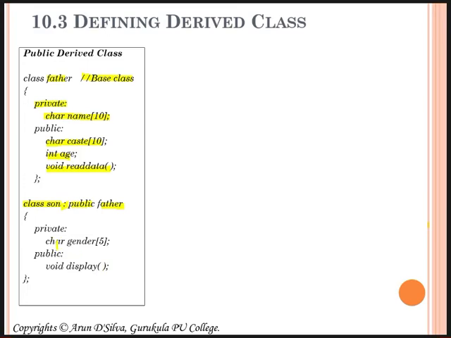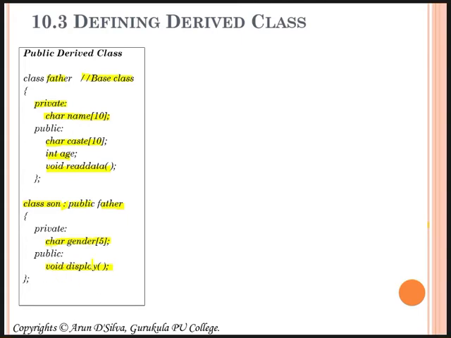And here I've added one new member data for this class, that is gender. And in the public section I used the function display. These 2 are additional to this class, but whatever exists in the father class, I can make use of here.